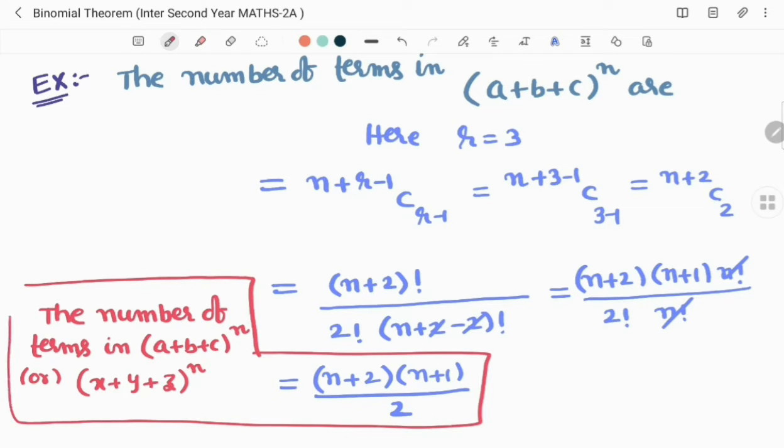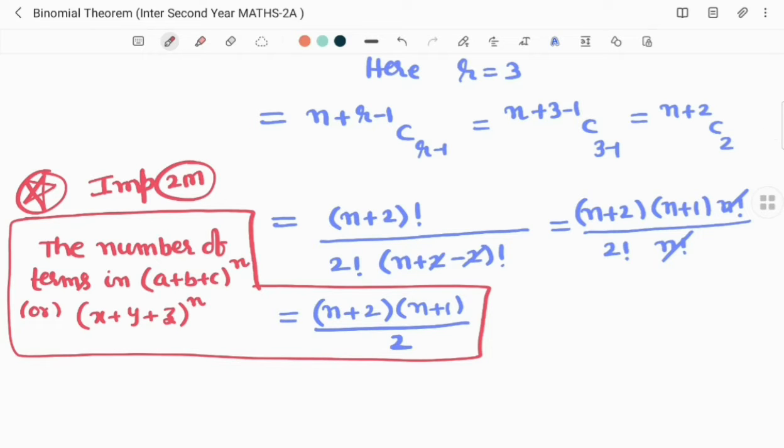This is the formula you have to remember. In IPE also it is important for 2 marks. The number of terms in the expansion of (a plus b plus c) whole power n or (x plus y plus z) whole power n: in place of n, whatever the value is, you can take it and get the value.